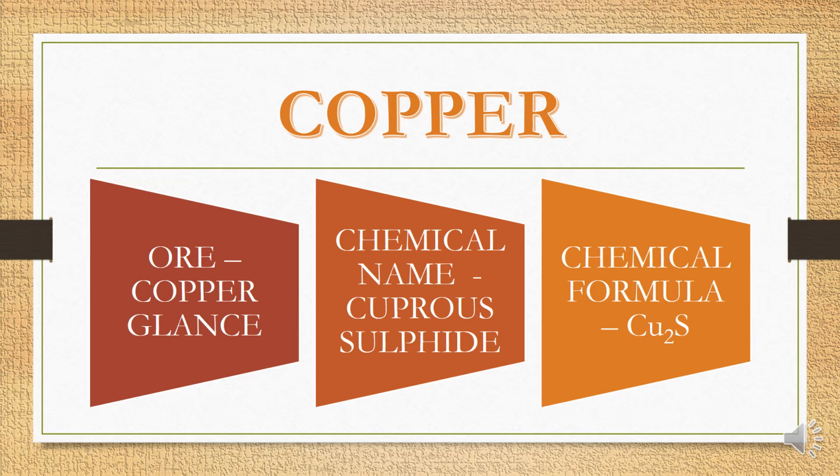Again children, this copper glance is a sulfide ore, and its chemical name is cuprous sulfide, and its chemical formula is Cu2S. Cuprous form is shown, that is why its chemical formula is Cu2S.